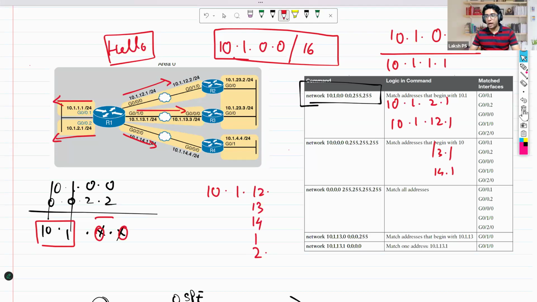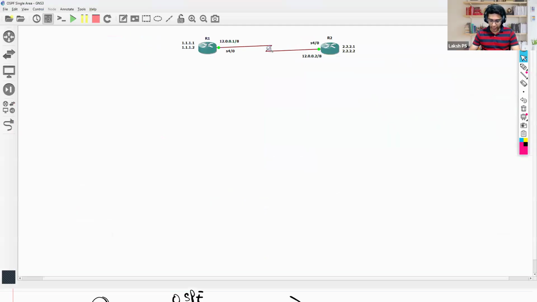In our network diagram, we used the network command 10.1.12.0 0.0.0.255, and hence only through this interface the network is advertised, and only this particular network is advertised. Now let me give you another perspective.